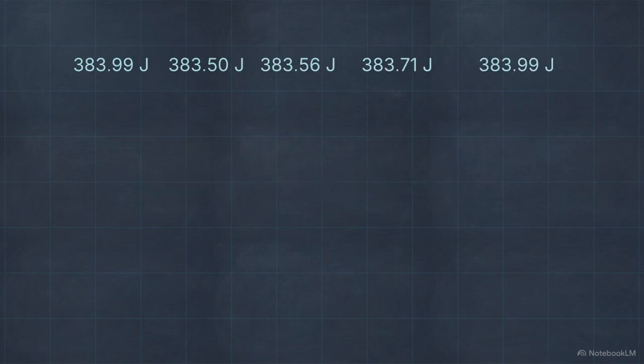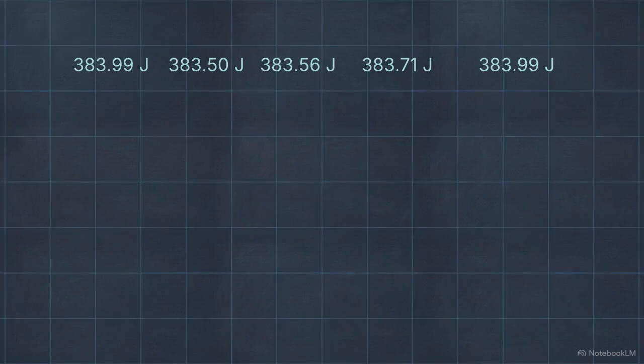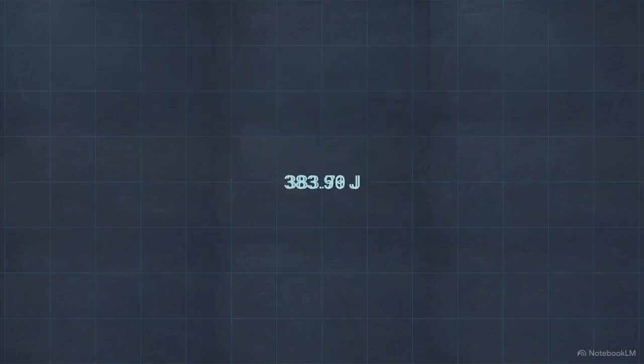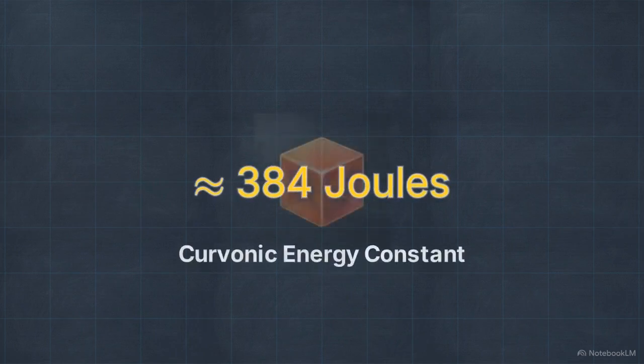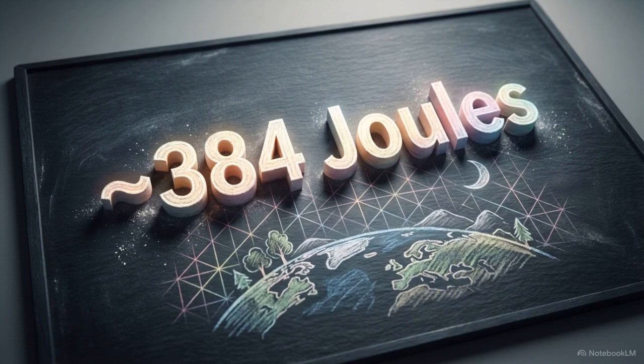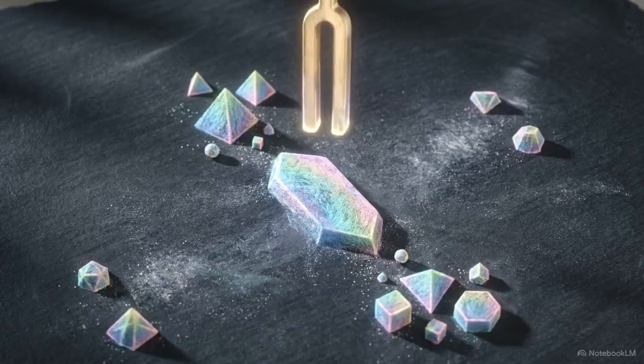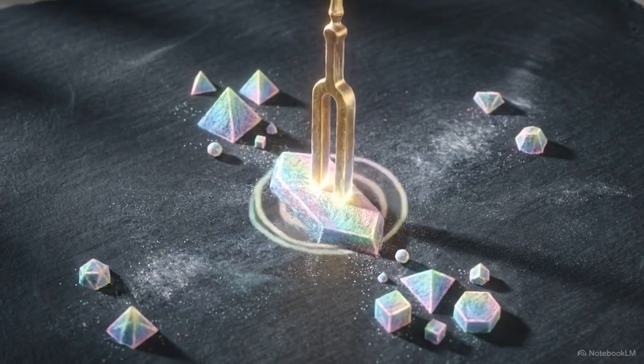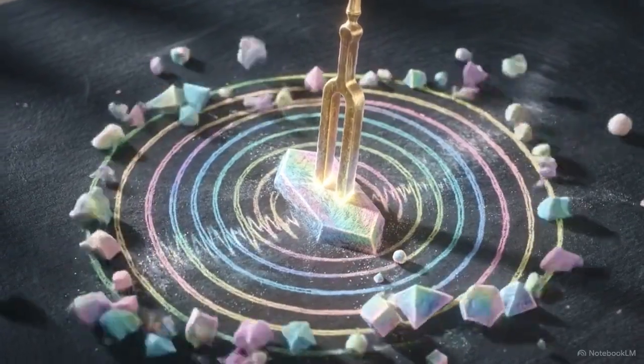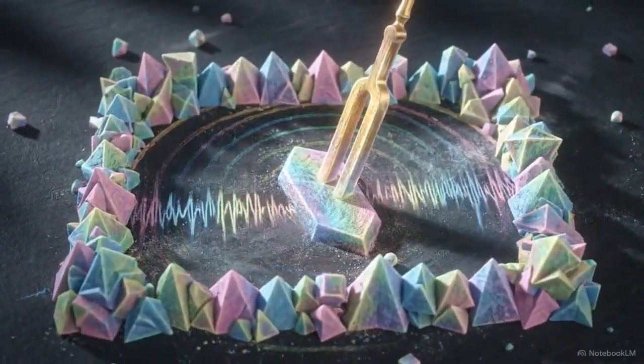The thermodynamic, kinetic, and informational equations, using standard atmospheric pressure and the mass gap temperature, likewise converge on this value. 5 independent pathways, from rotational mechanics to bit entropy, converge on a single energy state of approximately 384 joules. We define this unit as the Kirvonic energy constant, representing the natural energy of one coherent cycle within this frame. This alignment indicates that the Earth's reference frame possesses a singular, conserved energetic harmonic that drives our local physical laws.